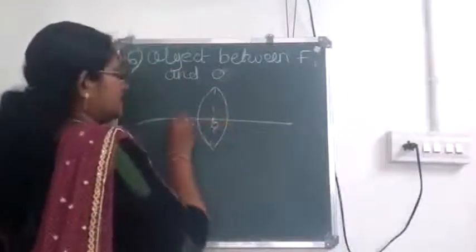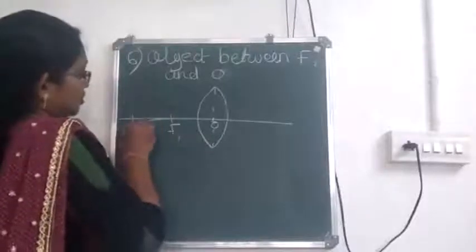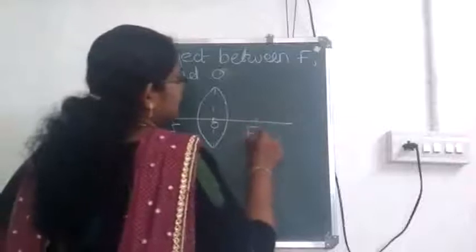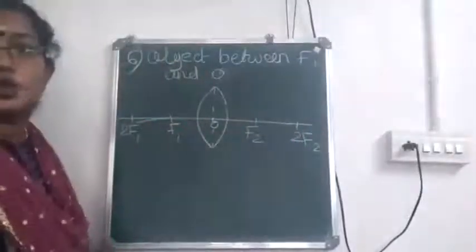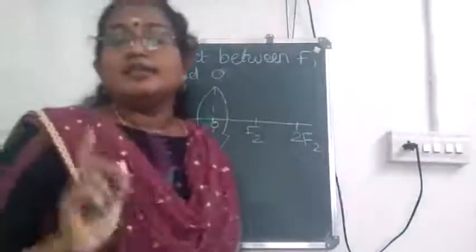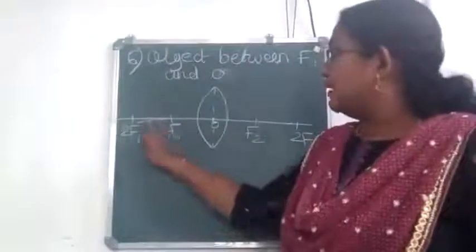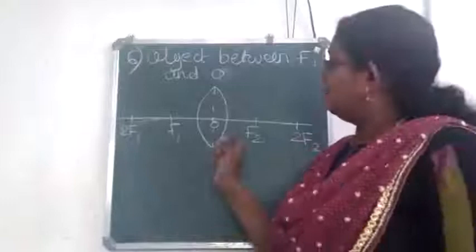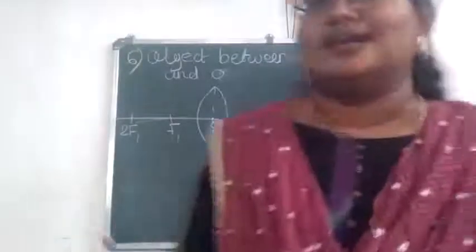So optic center, F1 to F1, F2 to F2. So in this case, where should we keep the object? Object should be placed between F1 and optic center, and where should we get the image? On the same side. Okay, that is what we learned.